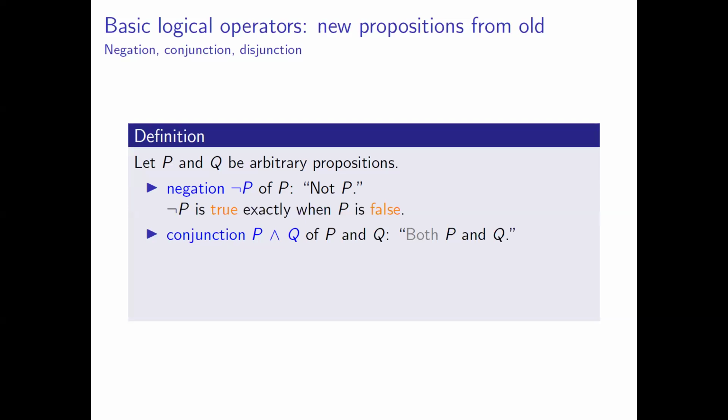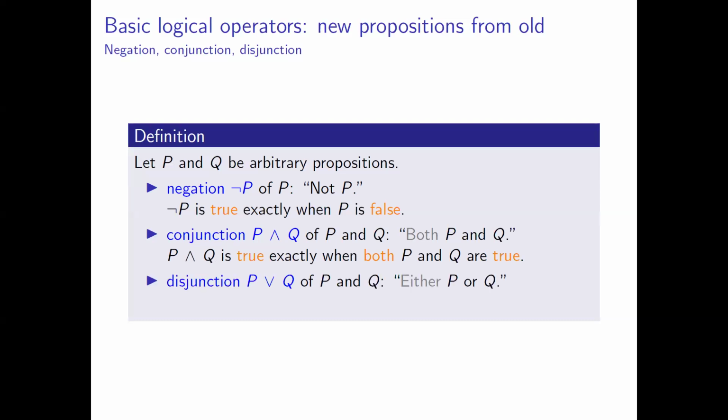The conjunction of P and Q is the proposition both P and Q. We denote the conjunction using an inverted V symbol, as shown here. The proposition P and Q is true exactly when both P and Q are true. It is false exactly when at least one of P and Q is false.